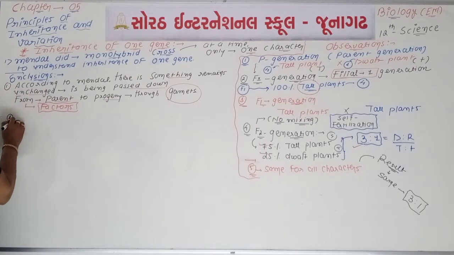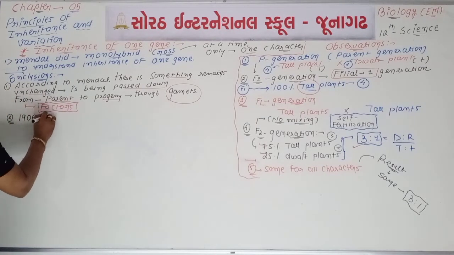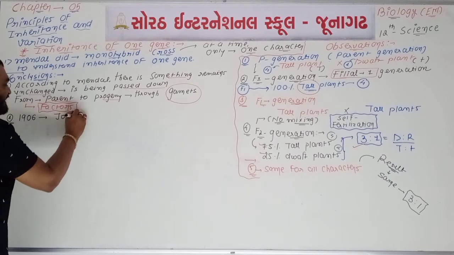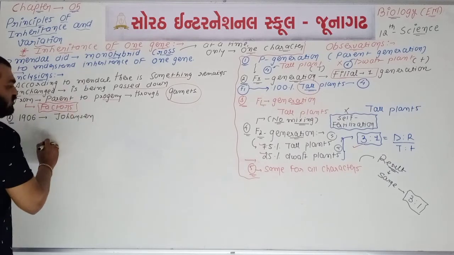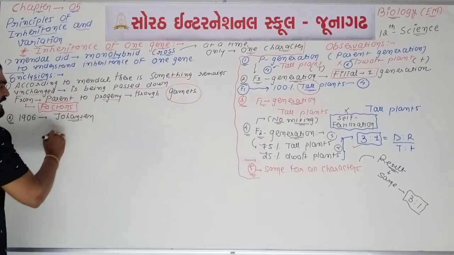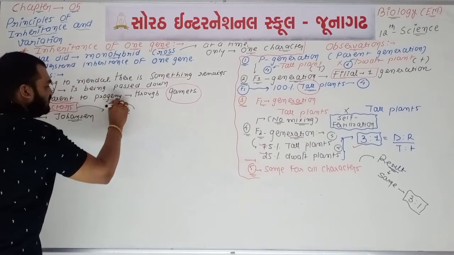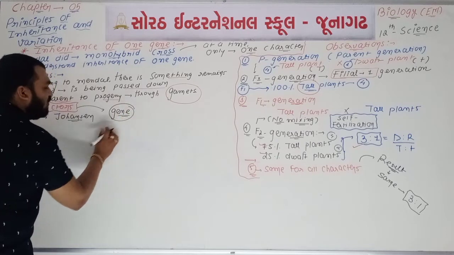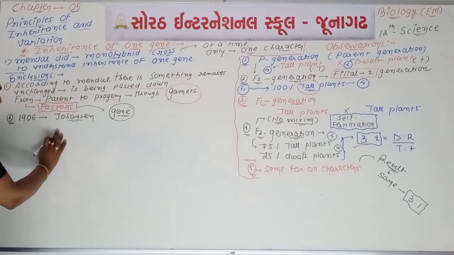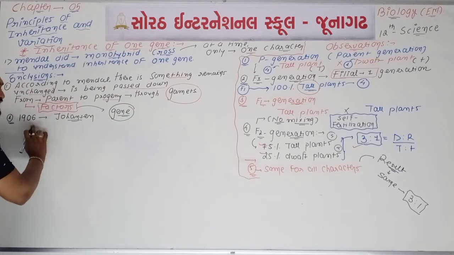In the year 1906, another scientist, Johansen, gave a new word, which is known as gene. So you know that the word gene was given by the scientist named Johansen in 1906.